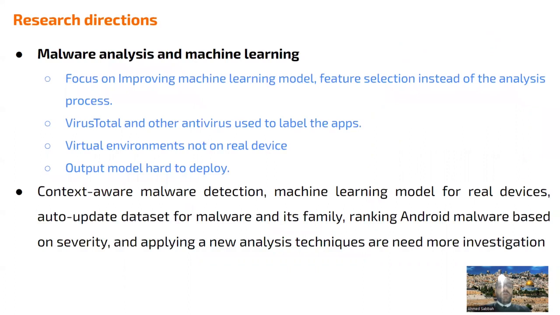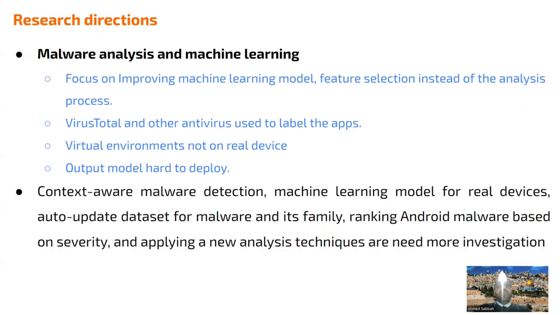Now we will talk about research directions. Malware analysis and machine learning. The machine learning models focus on improving machine learning itself and feature selection, instead of the analysis process itself. We need more investigation in dynamic and static analysis. Most of the datasets are labeled depending on the signature and VirusTotal.